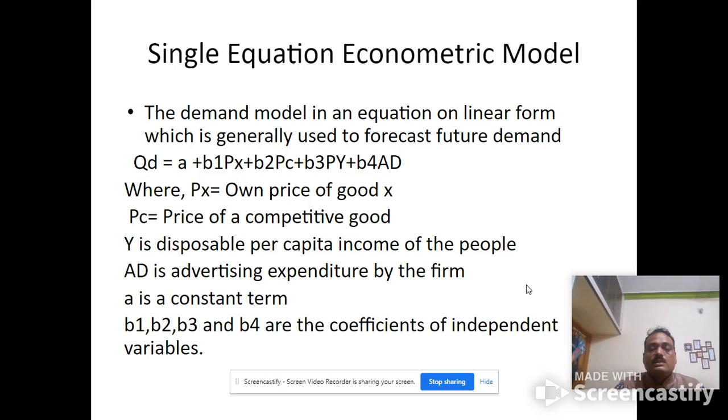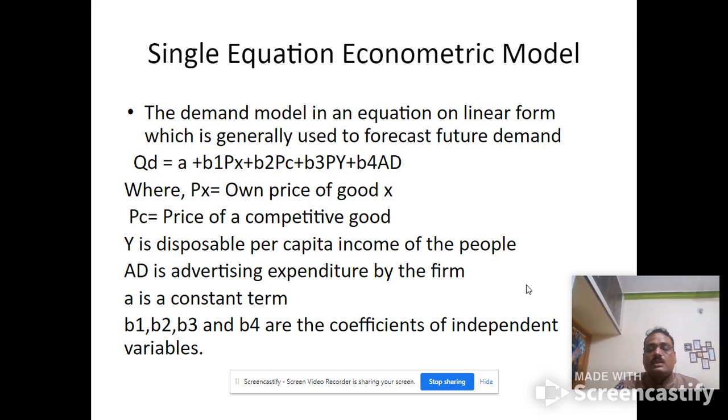We can write Qd is equal to A plus B1 Px plus B2 Pc plus B3 Y plus B4 Ad, where Px is the own price of good X, Pc is the price of a competitive good, Y is the disposable per capita income of the people, Ad is the advertisement expenditure by the firm, and A is a constant term. Similarly, B1, B2, B3, B4, all these are the coefficients of the independent variables.